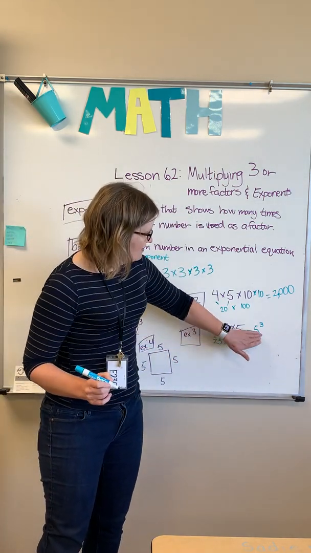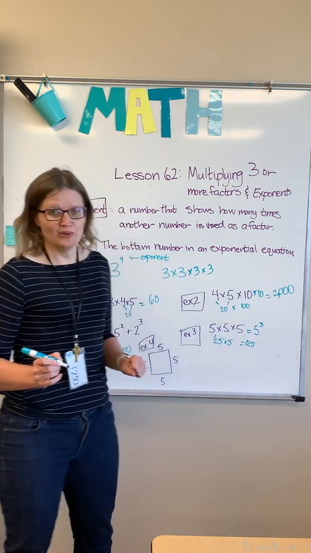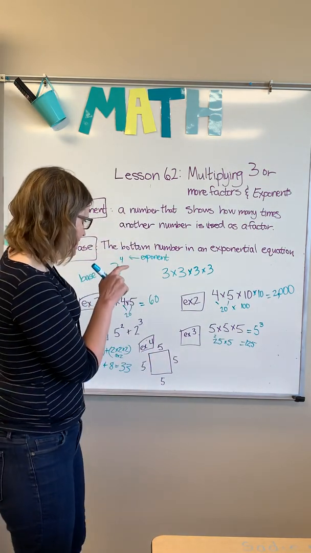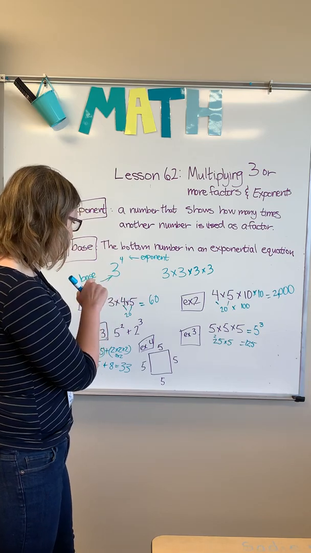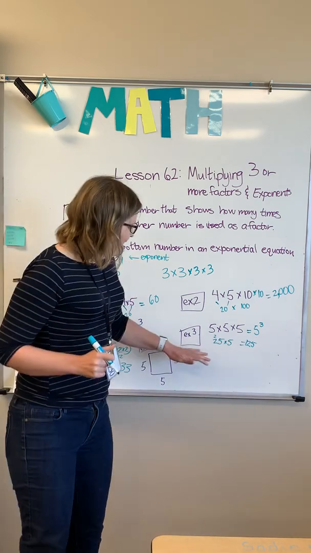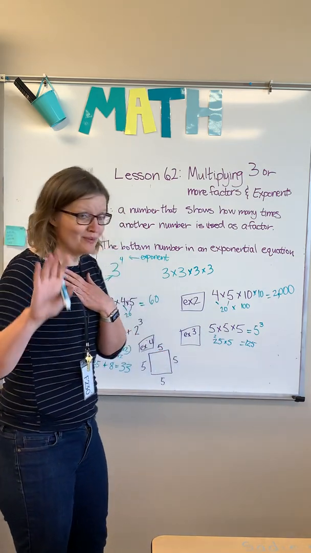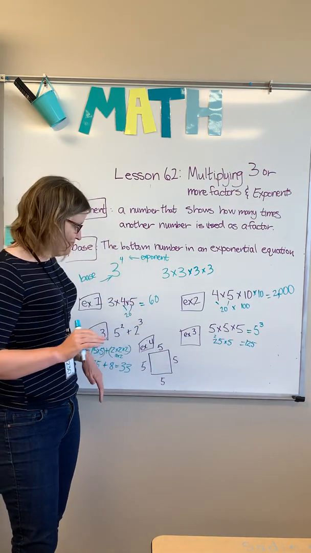So 5 cubed is 125. I'm hoping that that is right. I have to think about this. Let's see. Yep, we're good. Always double check. As you know, you've seen Mrs. Dawn make her mess ups, so it's always good.